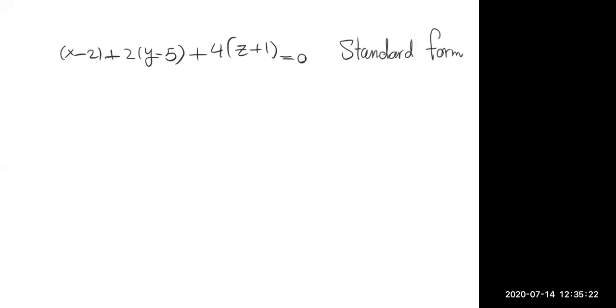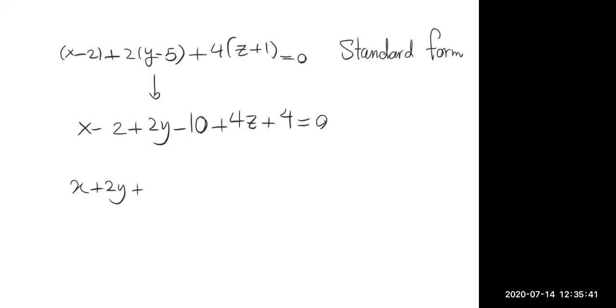We can simplify it. Well, x minus 2 plus 2y minus 2 times 5 is minus 10, plus 4 times z plus 4 equals 0. It means x plus 2y plus 4z plus, what is the rest? We have minus 2, minus 10 would be minus 12, plus 4, it would be minus 8.